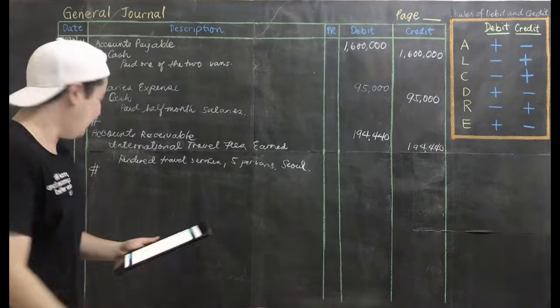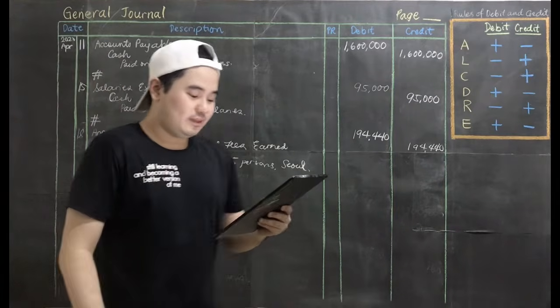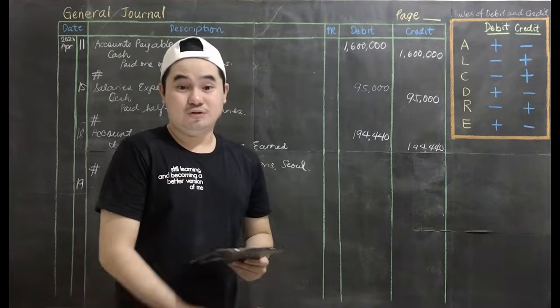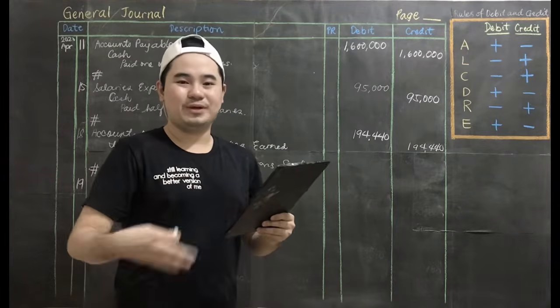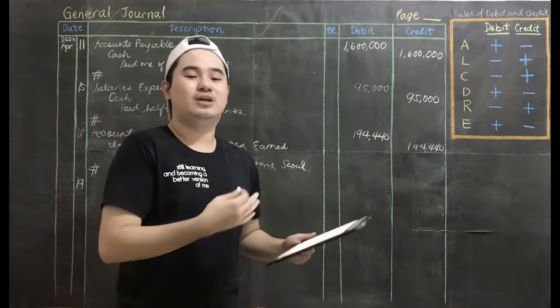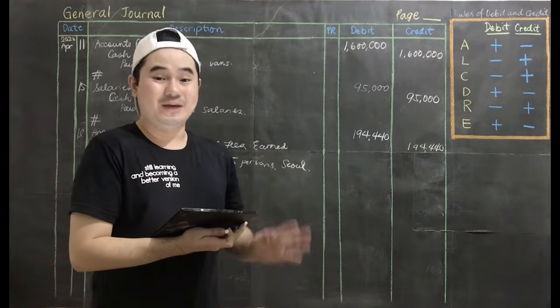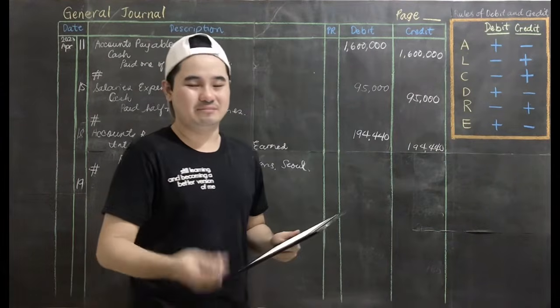Okay, April 19 tayo. Paid 7,000 for minor repairs of automobile. Okay, so ang gagamitin natin, syempre, kailangan ng repairs ng automobile, baka kailangan ayusin. So, gumastos tayo ng repairs and maintenance expense. So, debit lang tayo ng repairs and maintenance expense.